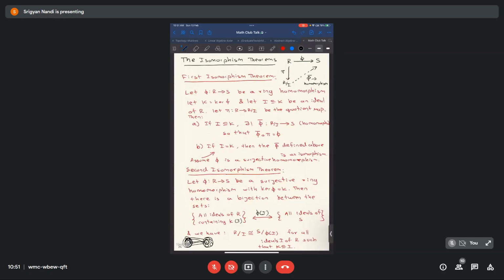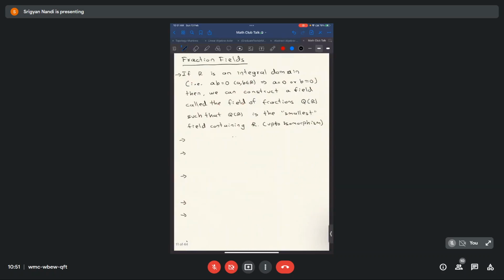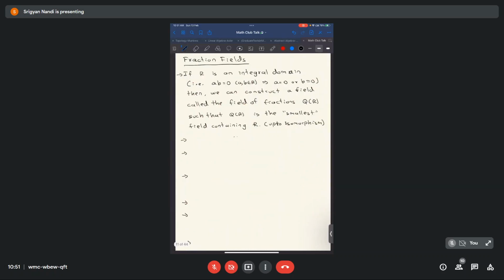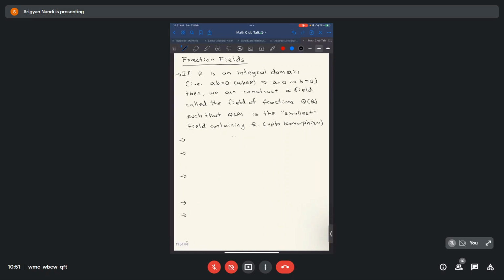So we can move on to the notion of a fraction field. If R is an integral domain, let's just remember what an integral domain is.